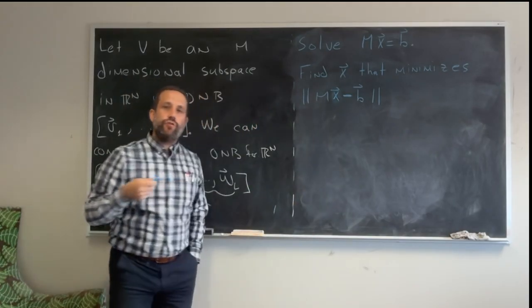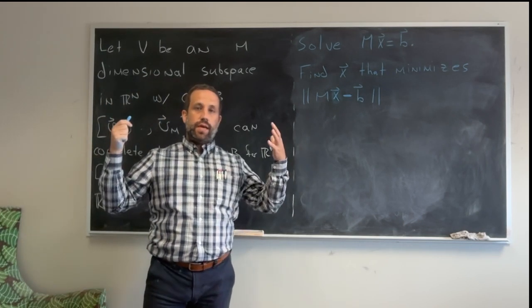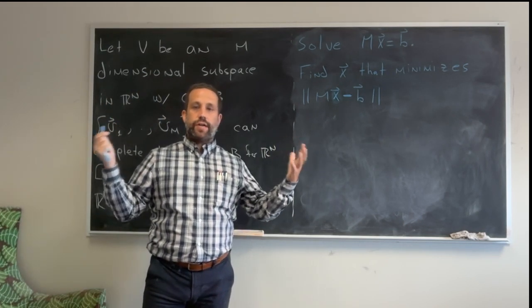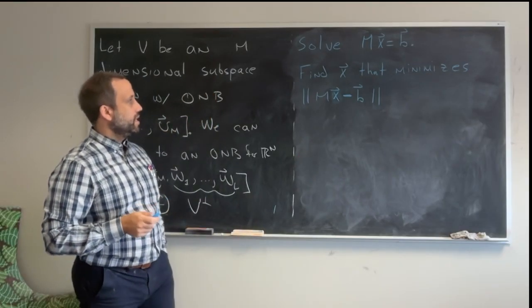You can think of the standard Euclidean norm and stuff like that, but we really want to think in the generality of this being a norm induced by a generic inner product, because that's how we're going to apply it. Okay, so find x that minimizes this.